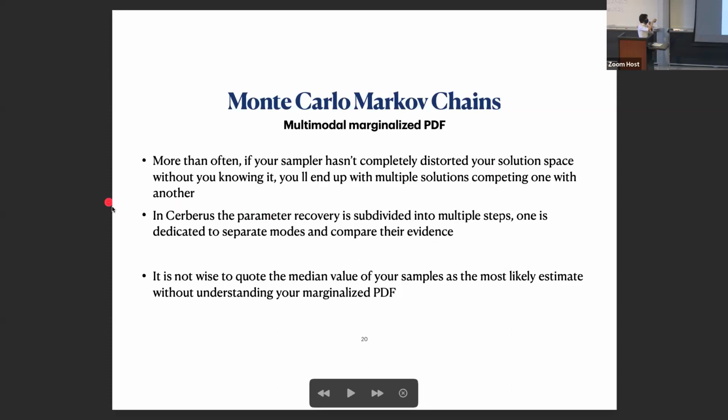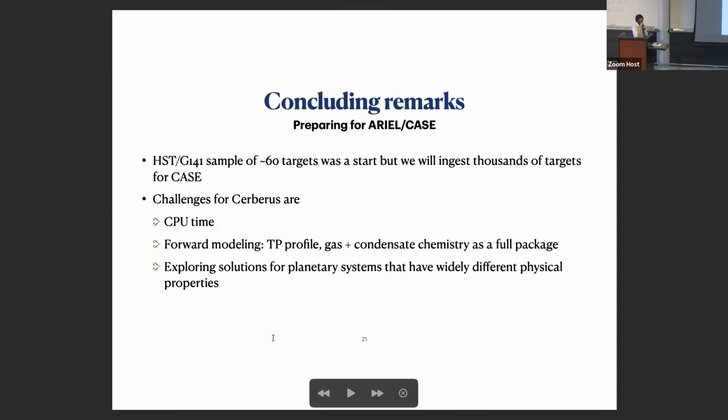If you have posteriors that are perfectly Gaussian, that's where you should ask if you've done something wrong. And the third point that I will emphasize is it is not wise to quote the median value of your sample as the most likely estimate without taking a look at least at the shape of your marginalized PDF.